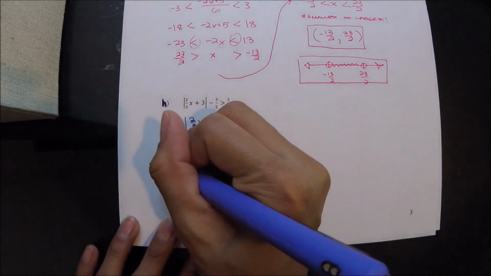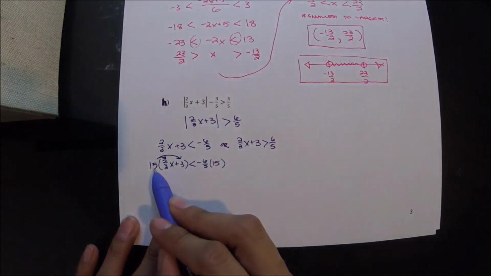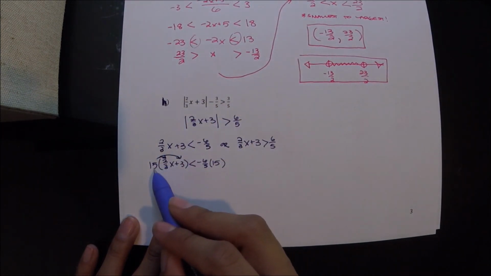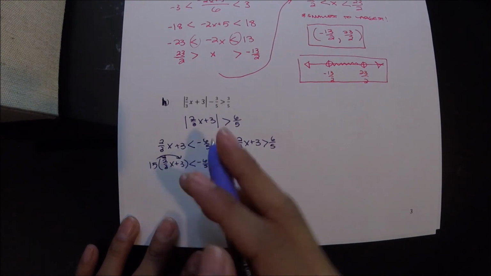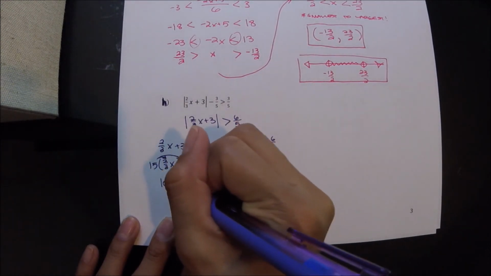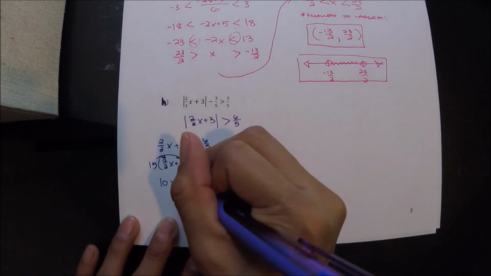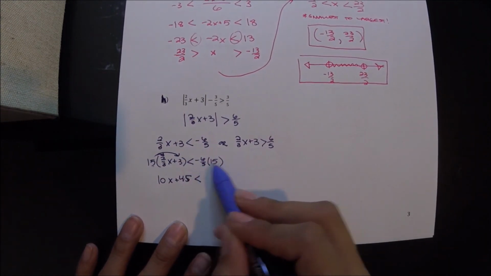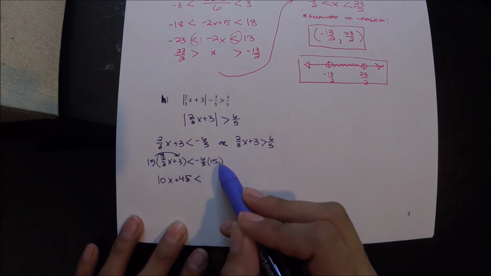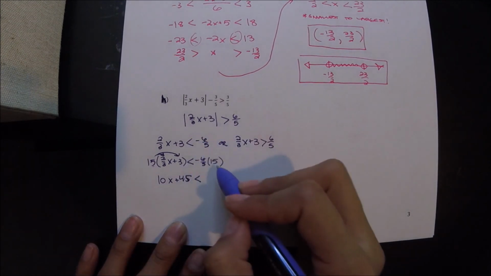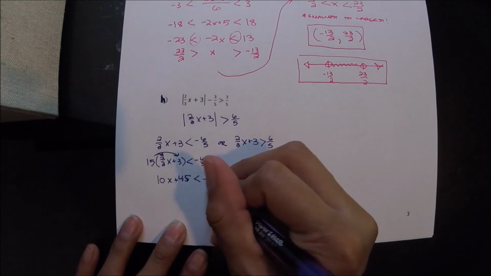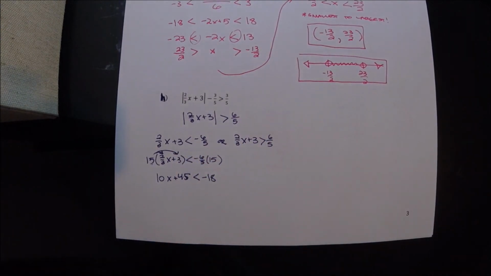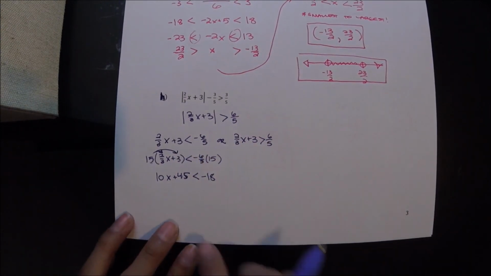And then we distribute that. 15 times 2/3 is going to end up to be 10, and then x plus 15 times 3 is 45. And then over here, if you multiply these two numbers together, negative 6/5 times 15, you are going to get 15 over 5 is 3 times negative 6 is negative 18. And now the fractions are gone.